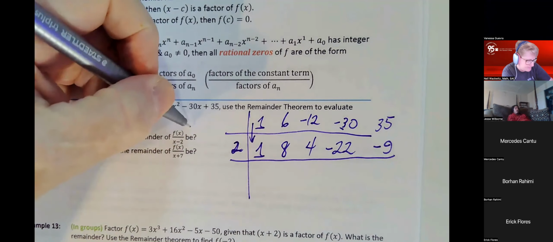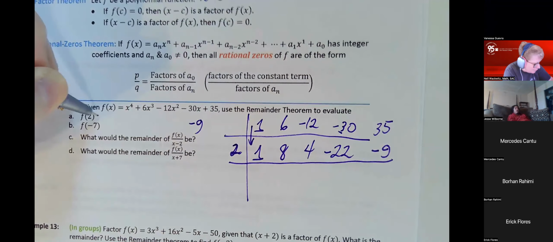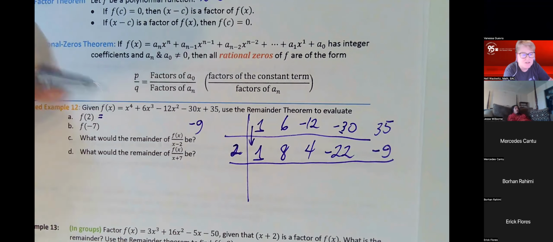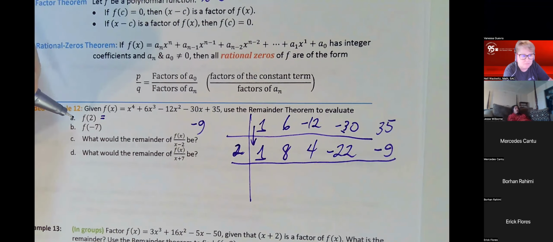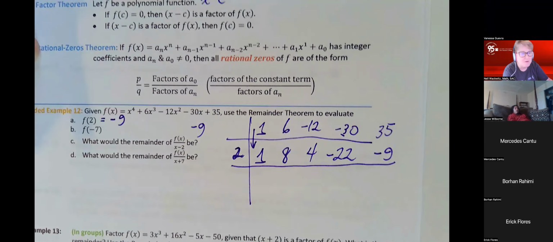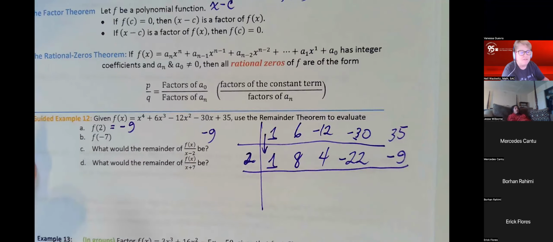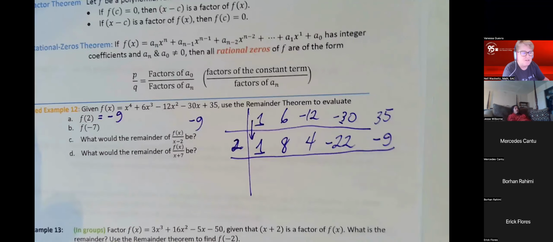What remainder would I get? Negative 9. Good. And if I plug 2 into this whole thing, what would I get? That same number. So that's what the remainder theorem says. I can find this answer using synthetic division.